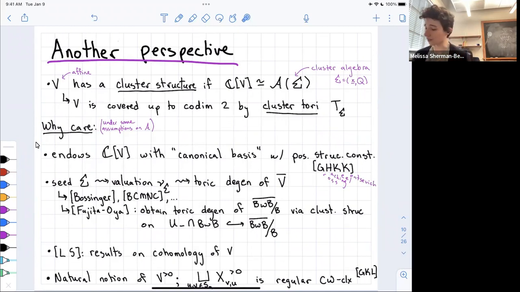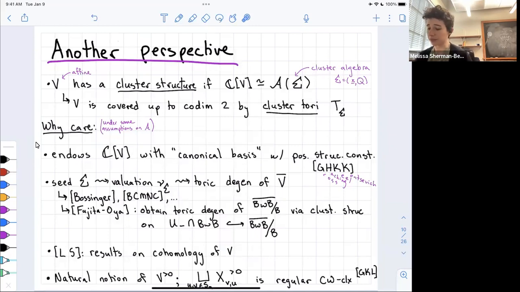This is a very major result in the field due to Gross-Hacking-Keel and Kontsevich. This is also why cluster algebras are defined the way they are: they're defined so that you get your hands on as much of the basis as possible from the beginning. Each one of the cluster variables will be part of this basis, and so will products of cluster variables in the same cluster.